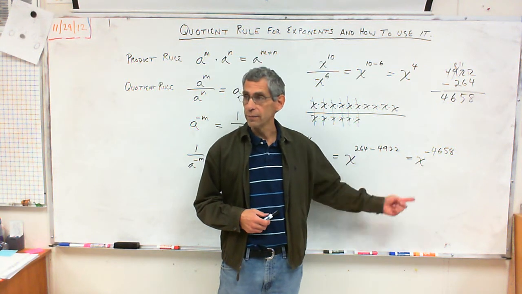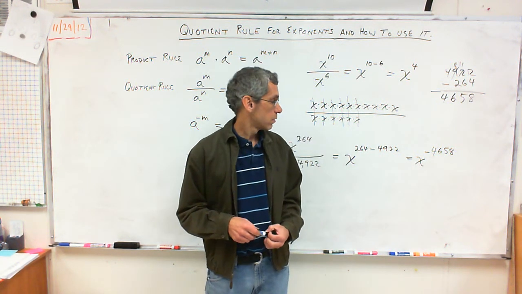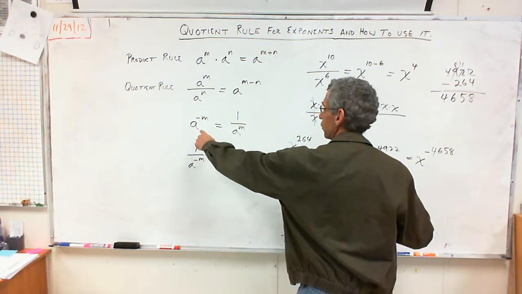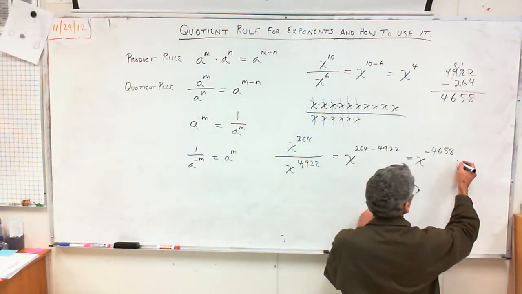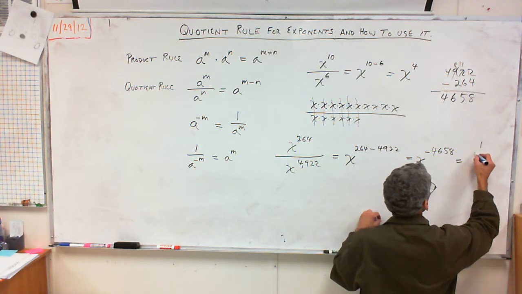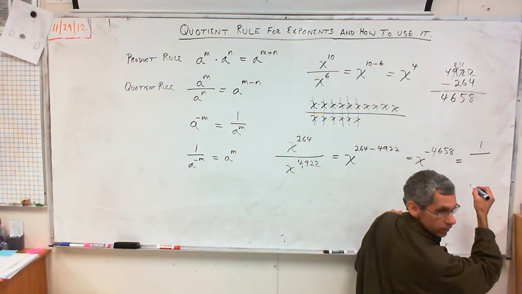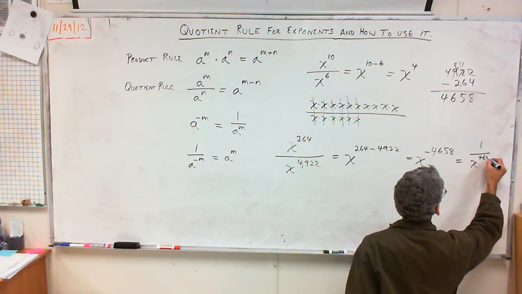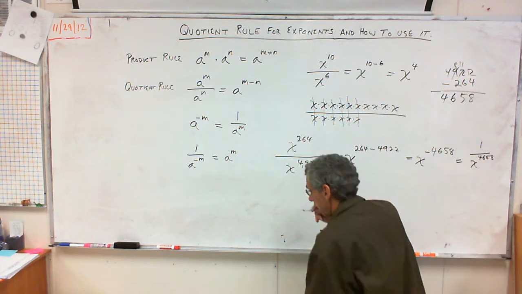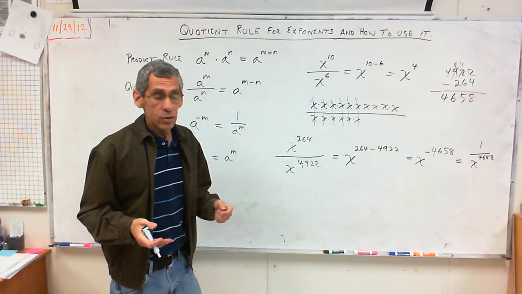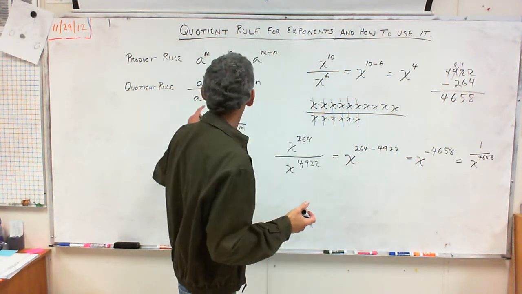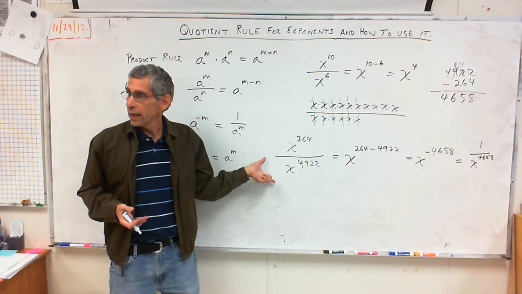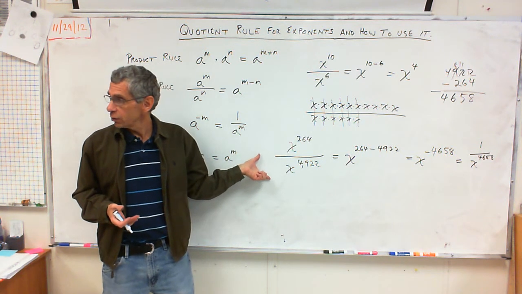1 over x to the 4,658, right? You're using this rule. So in order, we started with a simple quotient that we used the quotient rule on.